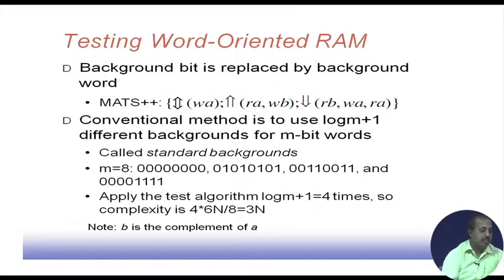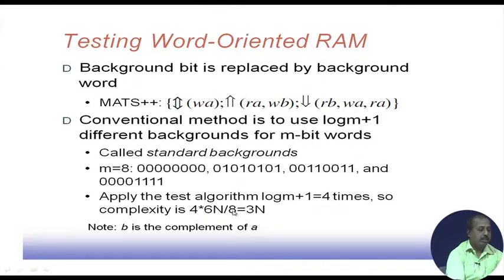For each of these backgrounds, we will be applying the test algorithm. Since it is 4, the complexity will become 4 into 6n by 8, because there are 6 operations in this sequence, so 6 into n, and that divided by 8, because I am doing it one word at a time. n by 8 is the number of words in the memory, as the memory has n bits.